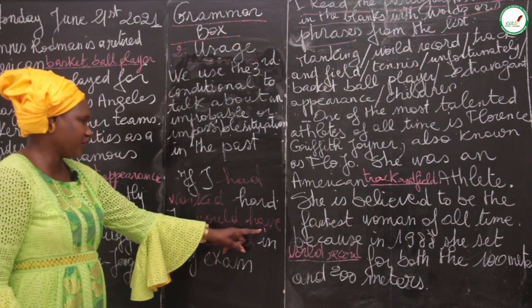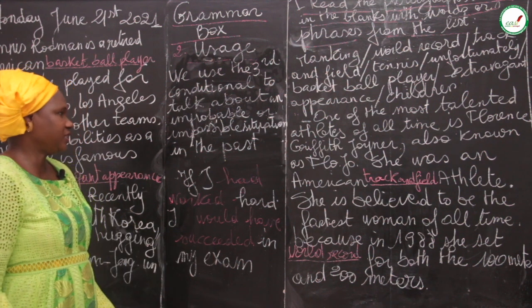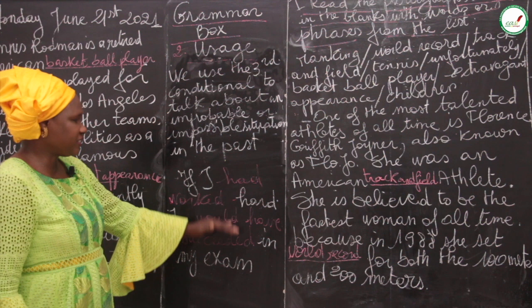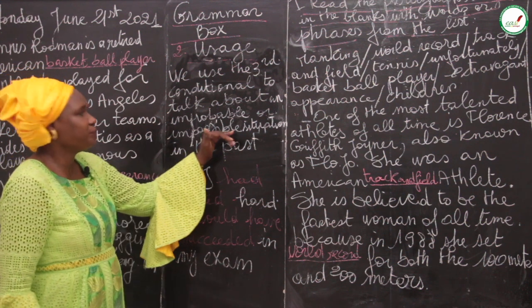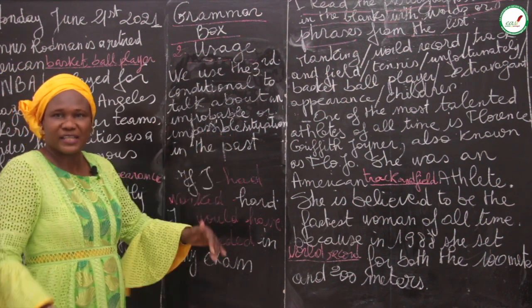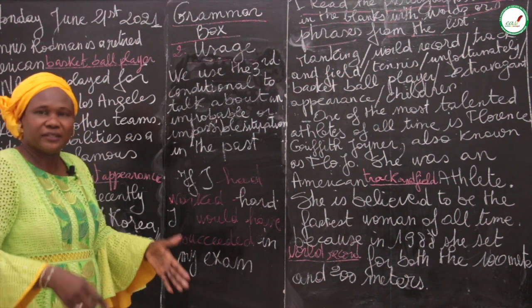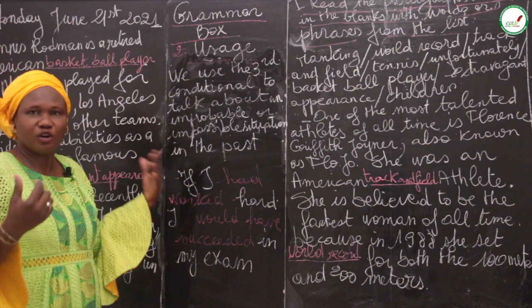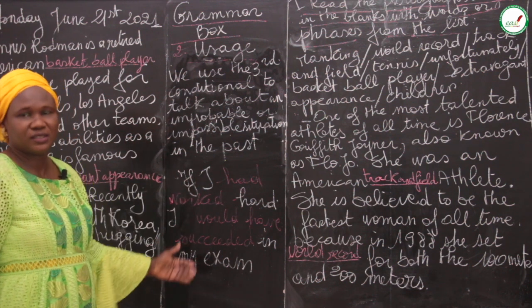Here we have would have, and the verb is to succeed. So this situation is impossible. It means that right now I can no longer succeed because the exam is over. So it's an impossible situation.